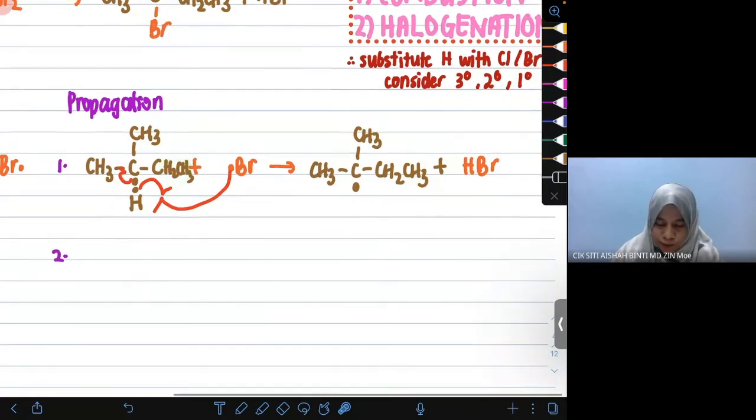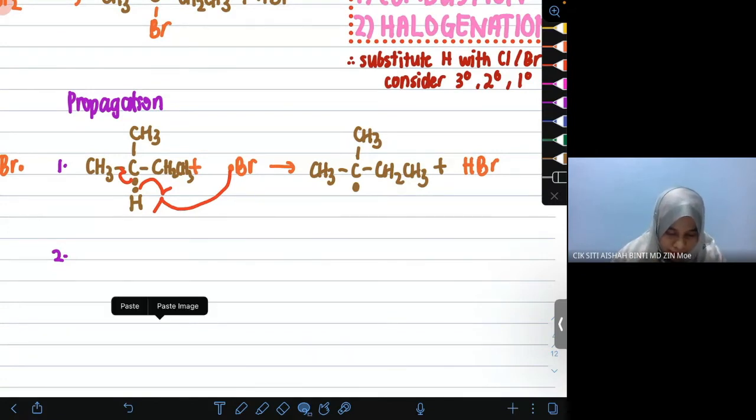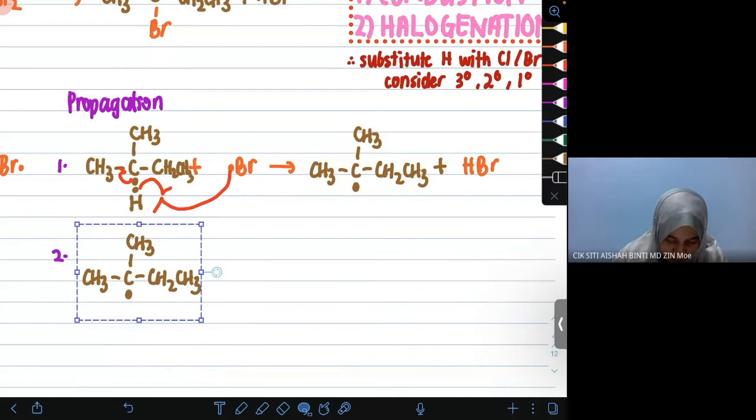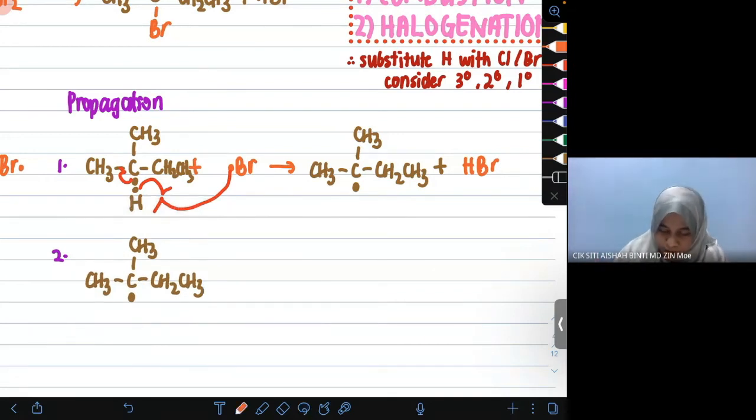So just to make sure. Okay, next step we take the same radical and react it with our bromine gas, our reagent. Again here, Miss likes to show that one bond has 2 electrons: 1, 2.